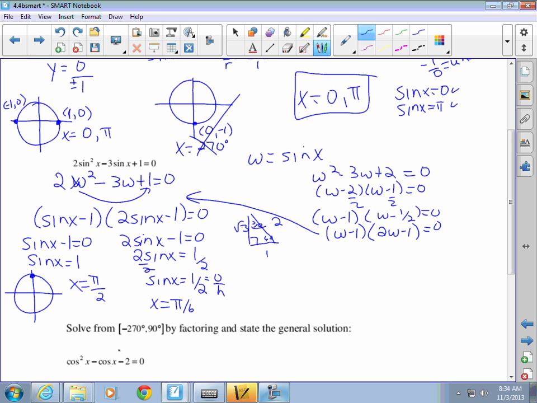So this is sine. My answer is positive. So sine is positive right here and right here. So I'm using my pi over 6, and in quadrant 2, it's going to be pi minus pi over 6. So that's 5 pi over 6.